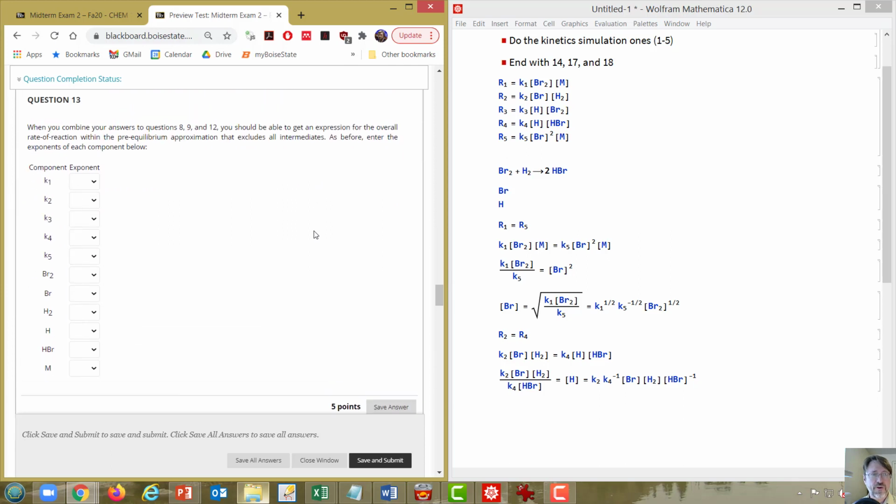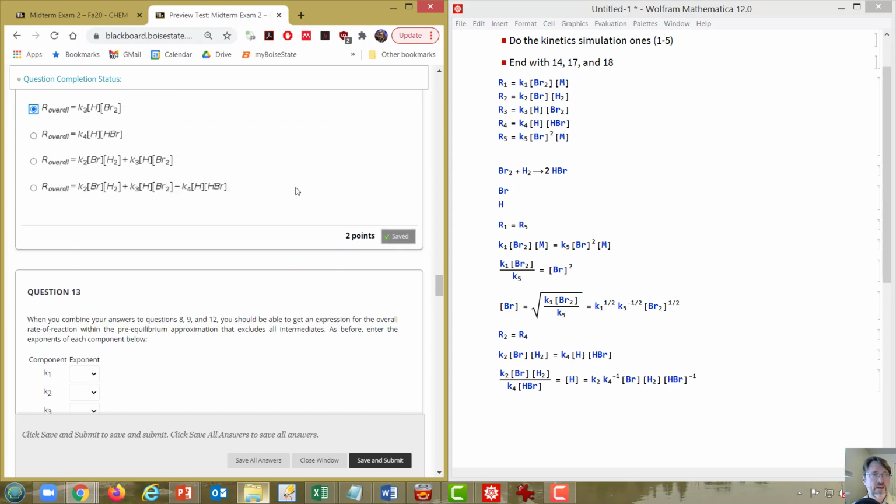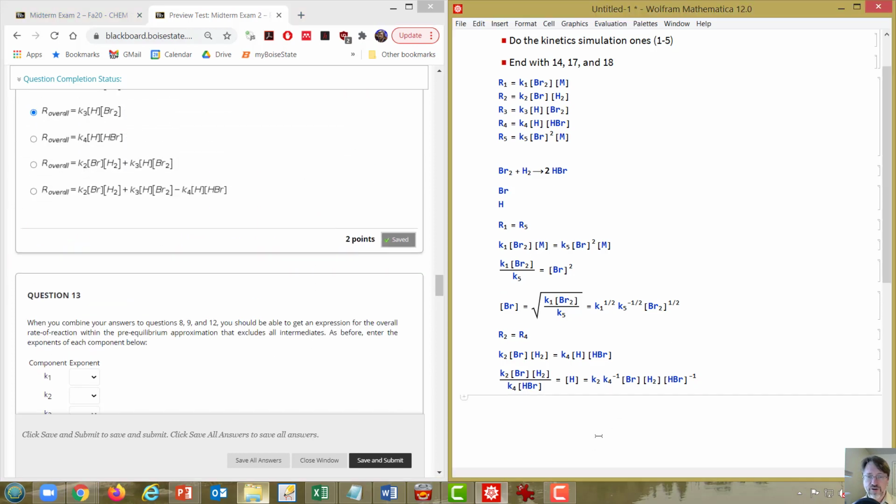Question 13. When you combine your answers to questions 8, 9, and 12, you should be able to get an expression for the overall rate of reaction within the pre-equilibrium approximation that excludes all intermediates. So if we take this expression here, our R overall equals K3, concentration of H, concentration of Br2. We now need to remove the intermediates.